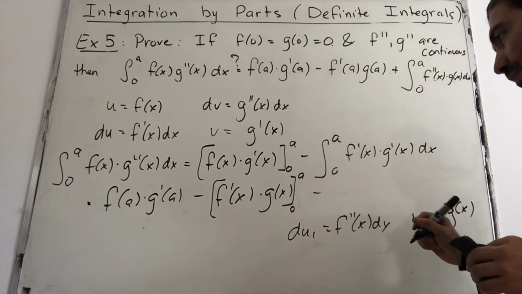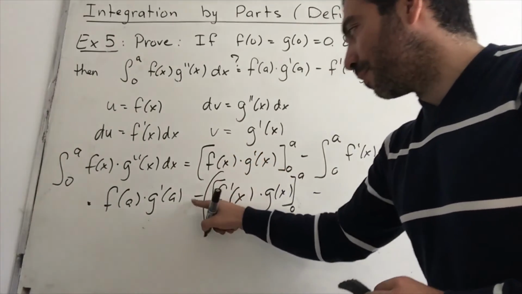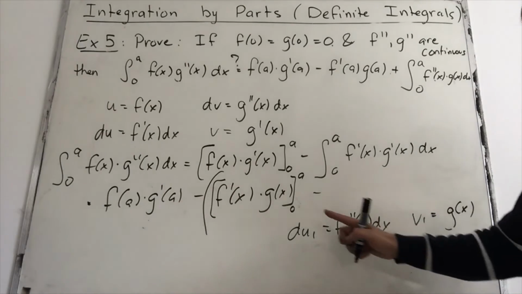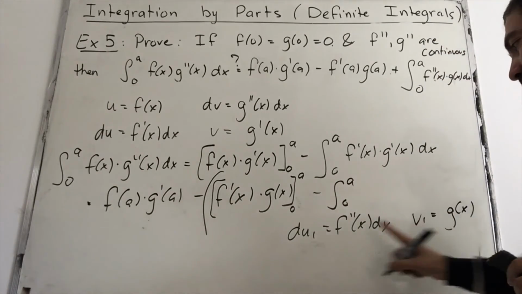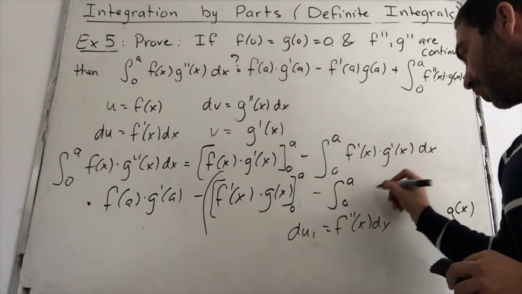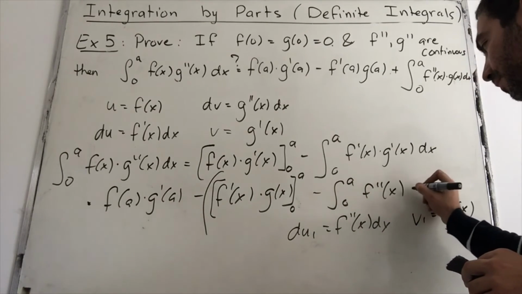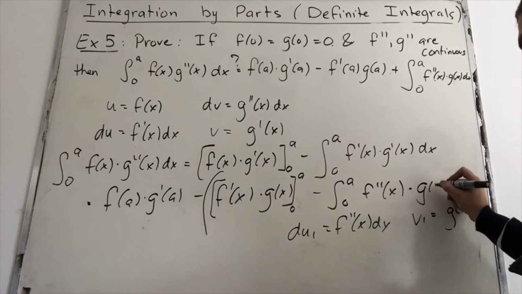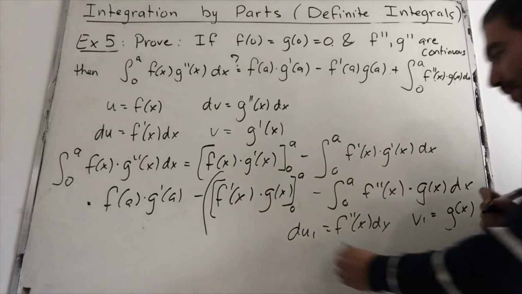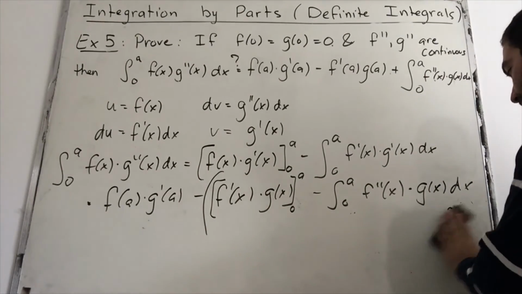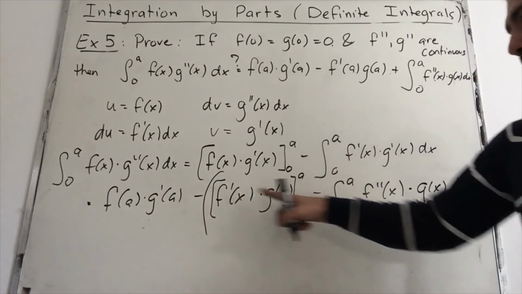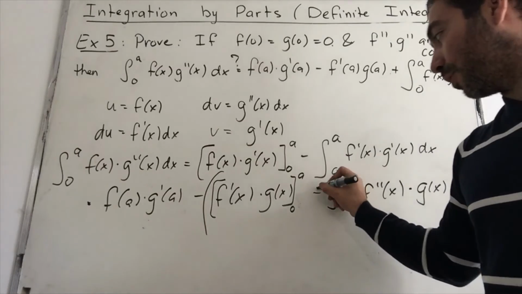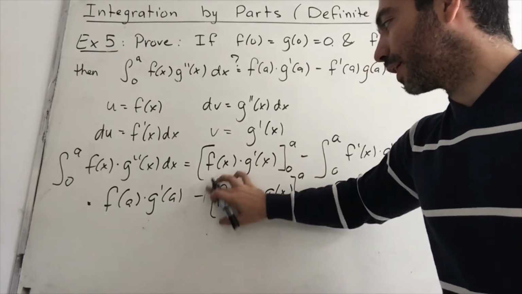I should put all this in brackets because we have a minus that's subtracting everything. Minus the integral from 0 to a of v1 times du1, which is f double prime of x times g of x dx. Okay. So this negative and this negative, if we distribute the negative, turns this positive. So that's positive now. I'm going to remove the bracket.